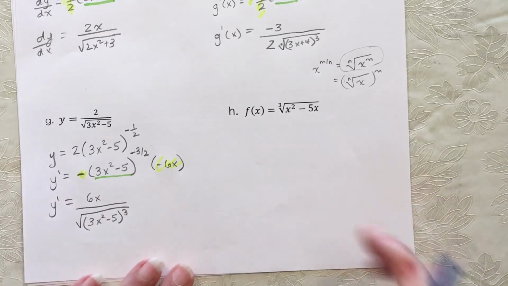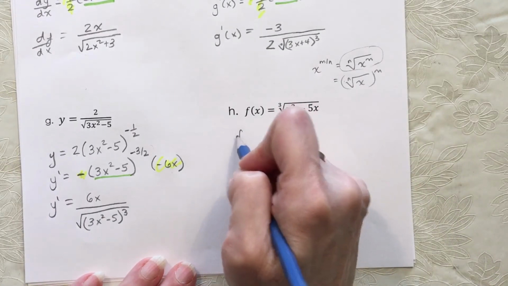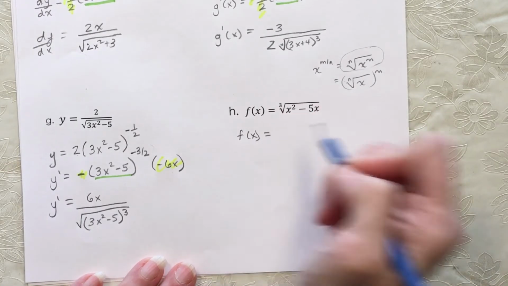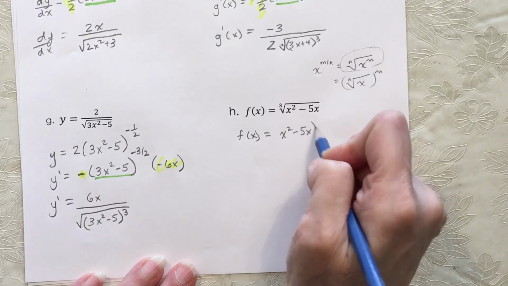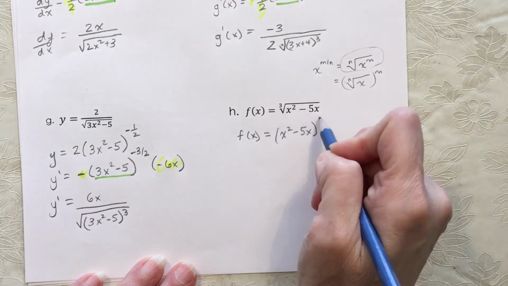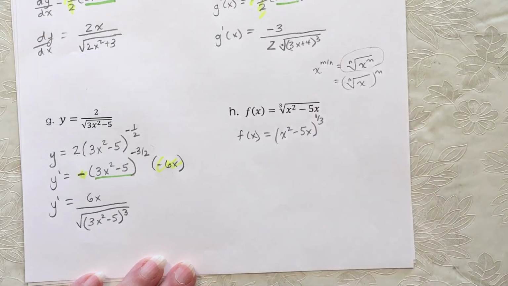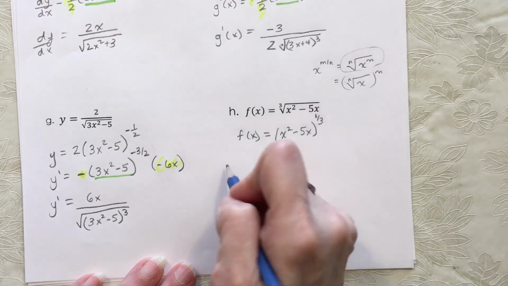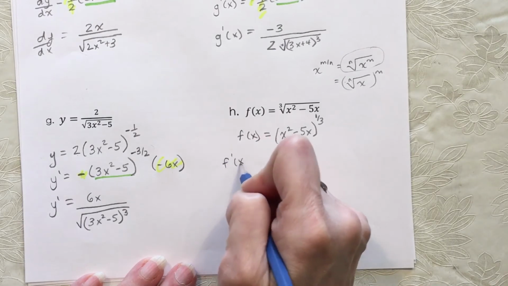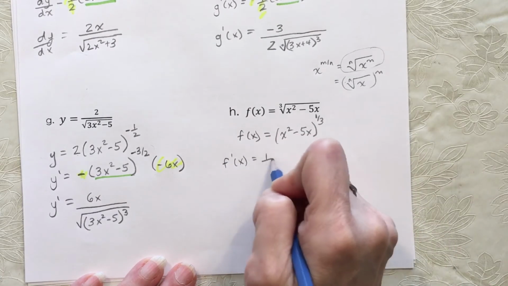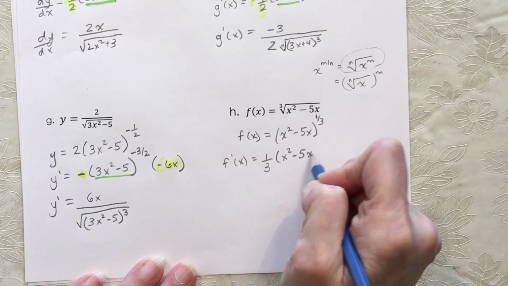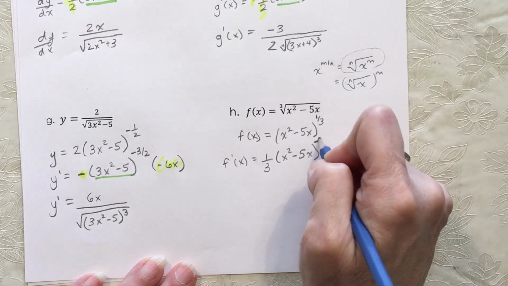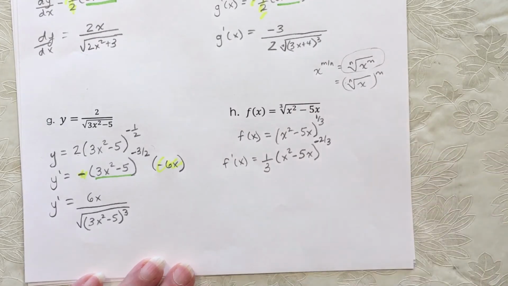Okay, and H. So first we're just going to rewrite the function as a power function. So we're going to write it as x squared minus 5x to the, so that little 3 in there means the 1/3 this time. Then we can find f prime of x. So it's going to be 1/3 times x squared minus 5x to the negative 2/3.